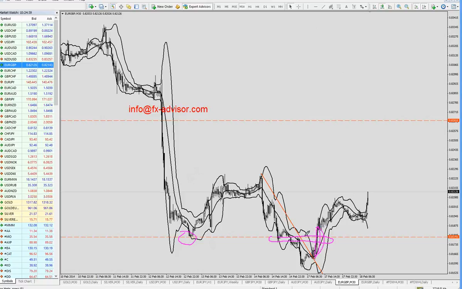Quite strong move here. So most probably we are going to target at least 82.30 on Euro British pound. We can also make the easiest calculation in the world. Looks like we can go even slightly higher, so most probably we are going to clean those stops here.